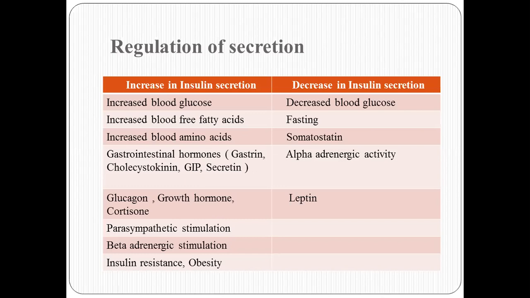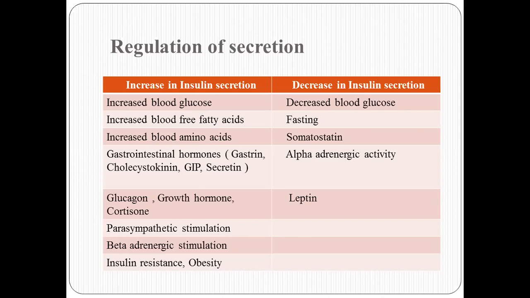Say for example, inflammation is there. Here the tissue damage is there and you want to regenerate the tissue. Here you want to have the cell repair and you require more protein. And for more protein to have, they should be stored more. And for that reason, these are the hormones where you get the secretion of insulin more.